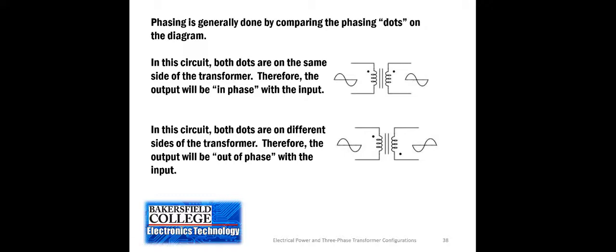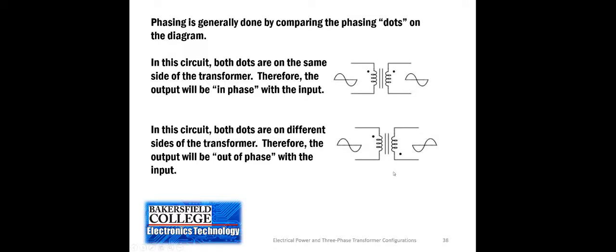They are in phase. If, for example, it's wound so that the dots are on opposing sides, then the phase shift will be 180 degrees. So it will be opposite. So when this up here is positive, this up here is negative. When this down here is negative, this is positive.